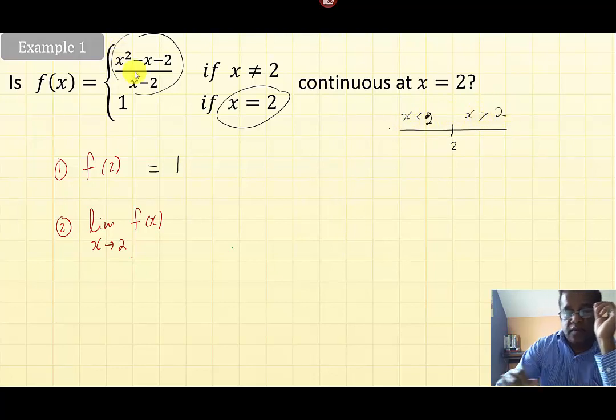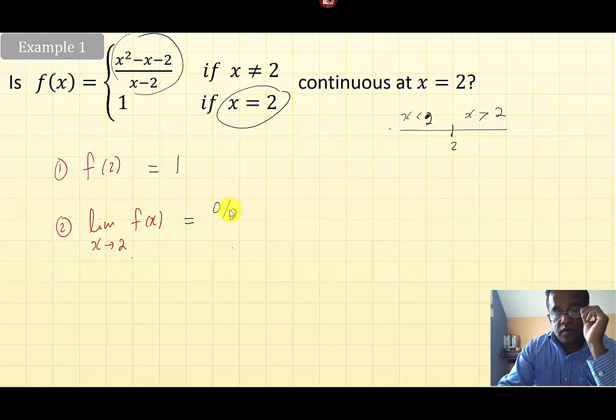So as x approaches 2, that is the function we want to find. If I substitute 2, I get 0 divided by 0. So clearly we have to use algebra.